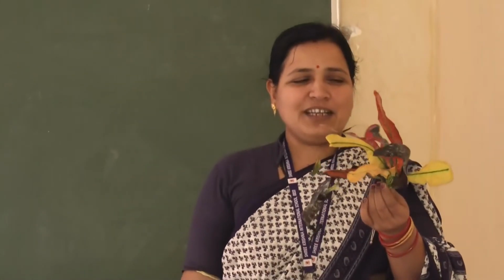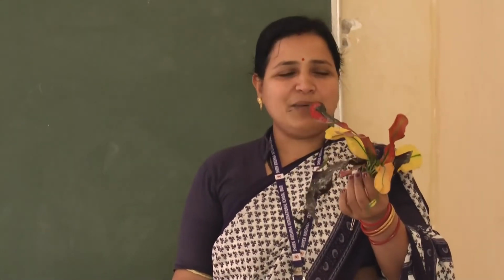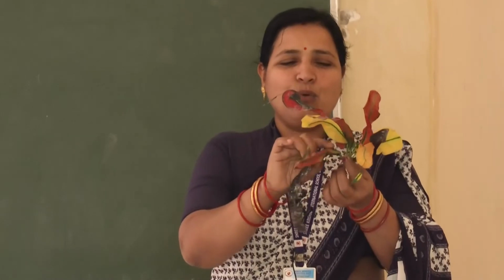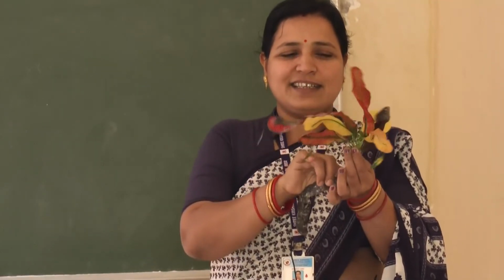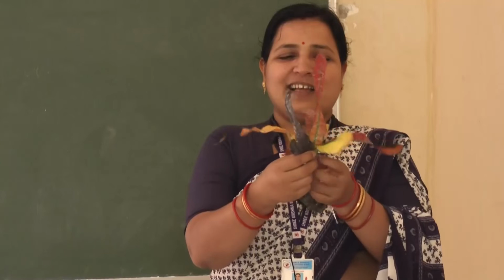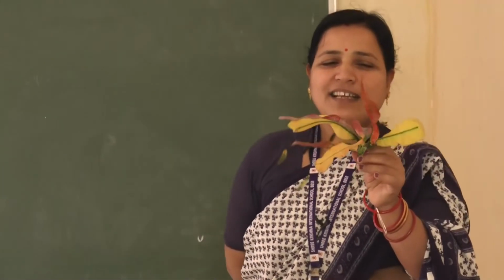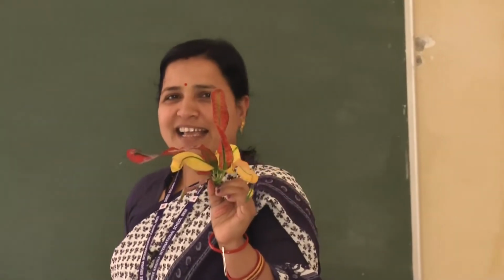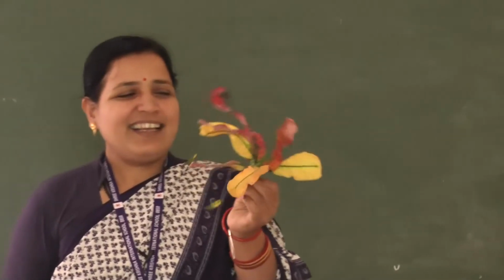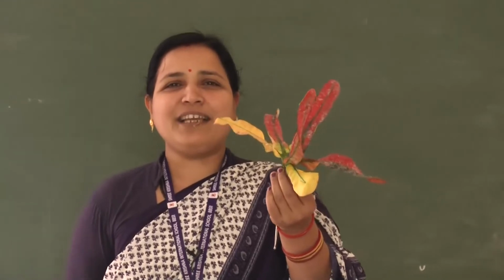So now you tell me, if I take 2 leaves, 2 leaves I will take. Now you see how many leaves in this branch? Can you tell me how many?